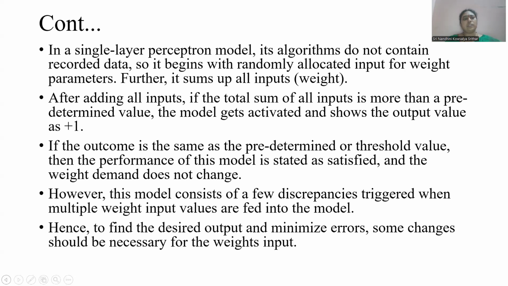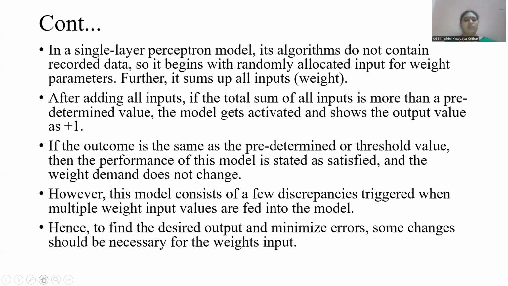In the single layer perceptron model, the algorithm doesn't contain recorded data. So it begins with randomly allocated input weight parameters. Further, it sums up all inputs along with their weights. After adding all inputs, if the total sum of all the inputs is more than the predetermined value, the model gets activated and shows the output value as +1.